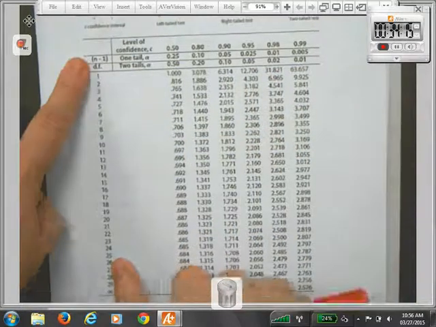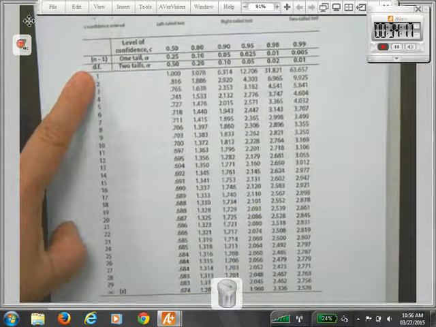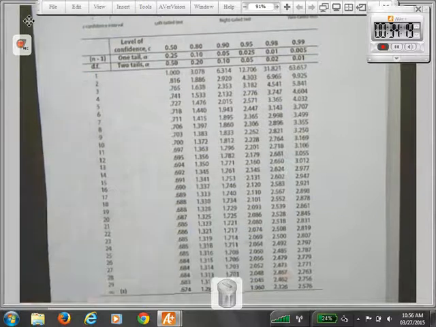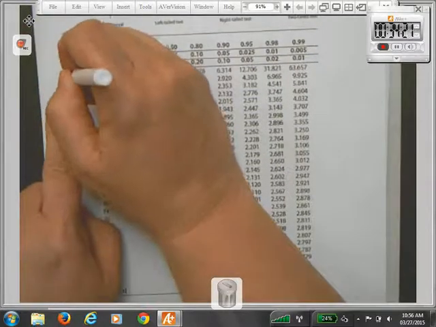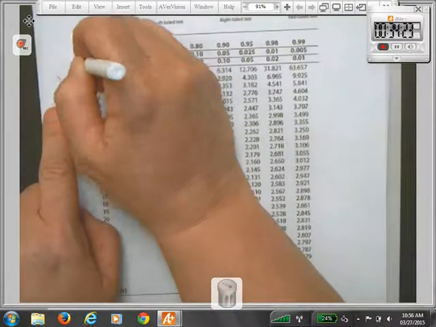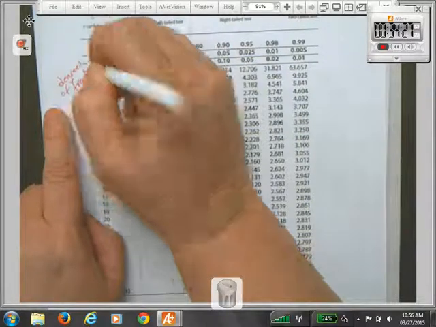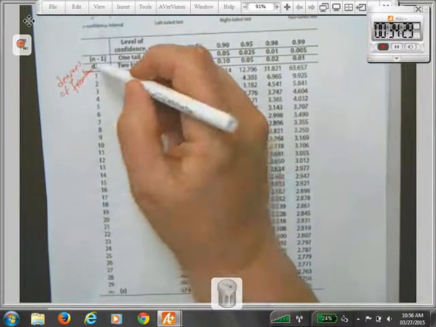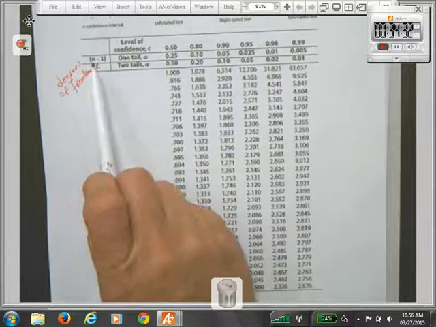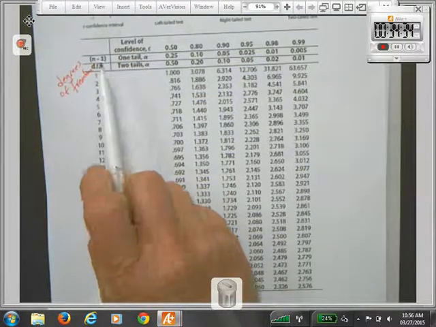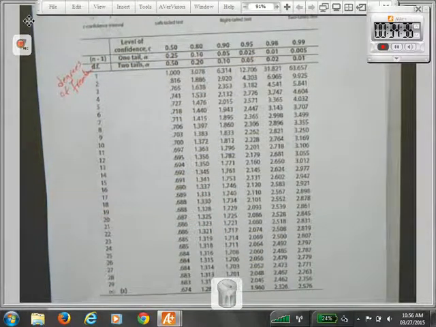These levels are determined by this, see where it says DF. DF stands for degrees of freedom. Something you don't need to know why. But degrees of freedom are determined simply by taking a given value minus 1. N minus 1 is our degrees of freedom.